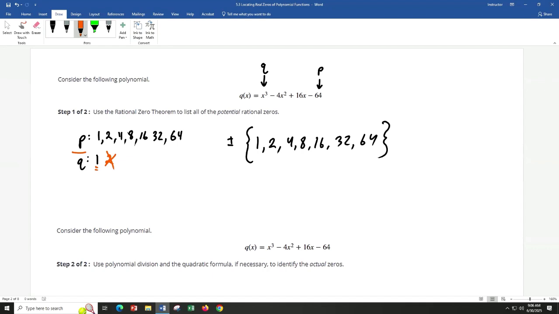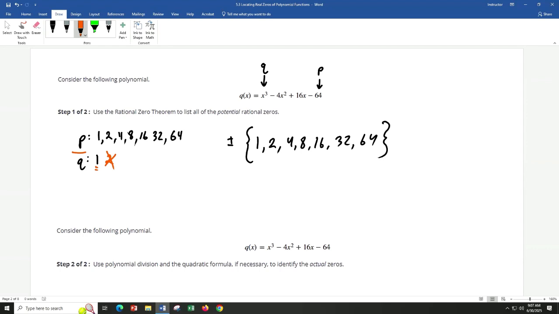What you just found is all the possible zeros for that polynomial. But you don't know which one it is, which means you've got to start testing.